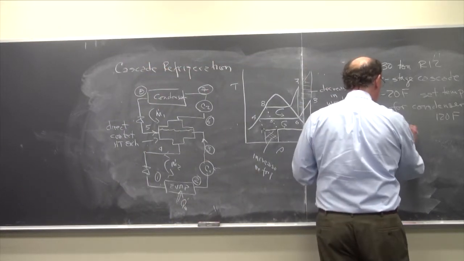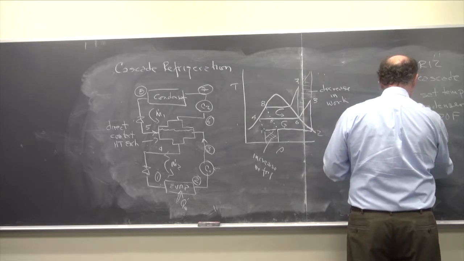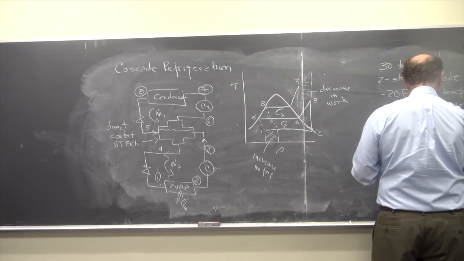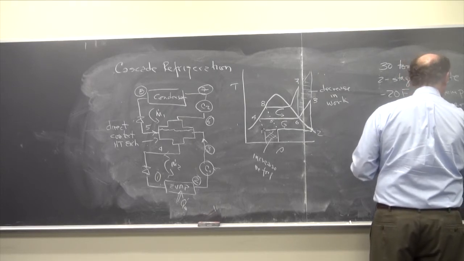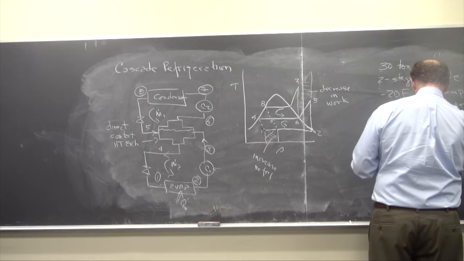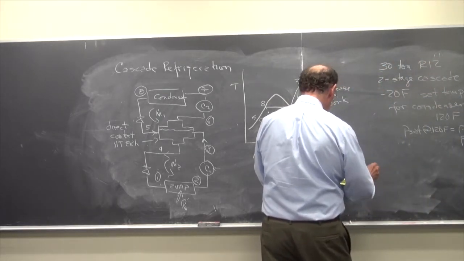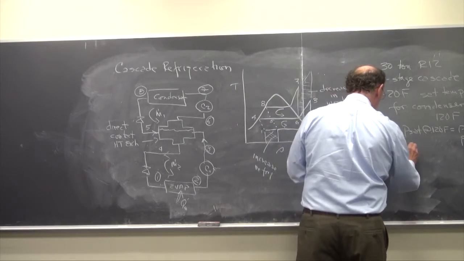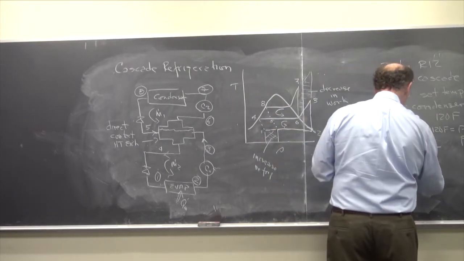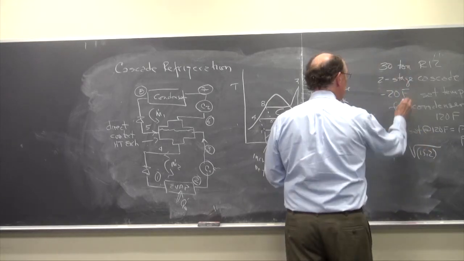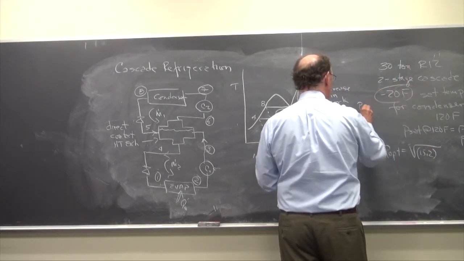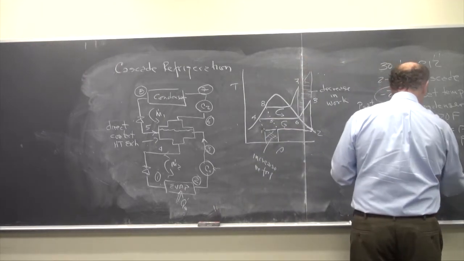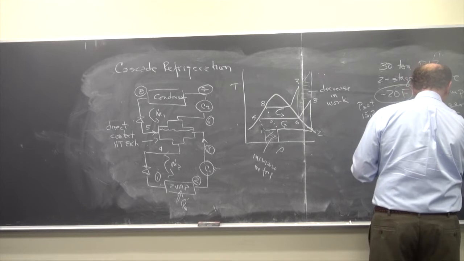So Psat at 120 degrees Fahrenheit is equal to 172.3 psia. And so then the optimum is the square root of 15.2, which is Psat here, times 172.3.